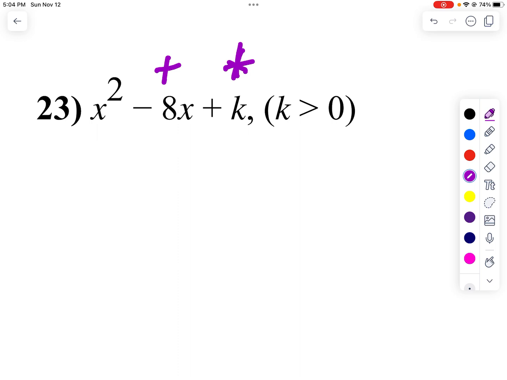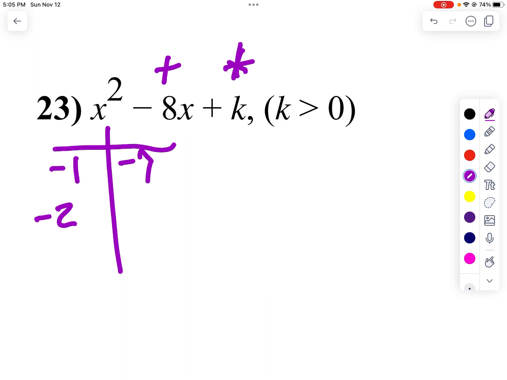So if I start looking at the numbers that add to negative 8, let's start here: negative 1 and negative 7. Negative 2 and negative 6. Negative 3 and negative 5. And negative 4 and negative 4.